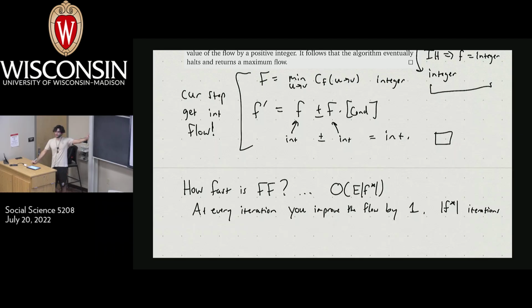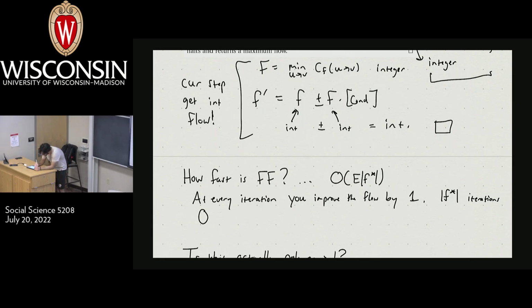And now for each iteration, we have to build the residual graph, and we have to search the residual graph. But we can do both of those in O of E time. Technically, it's O of V plus E, if you want to be really precise.